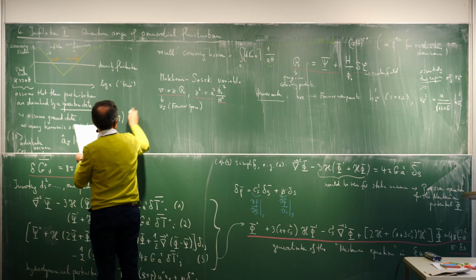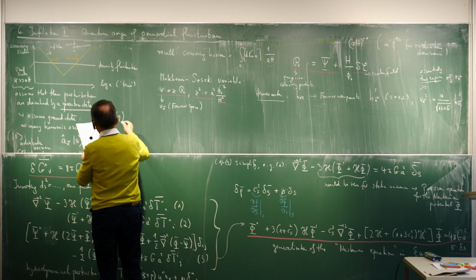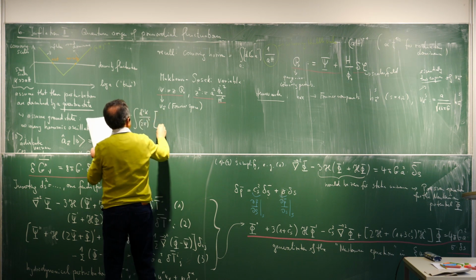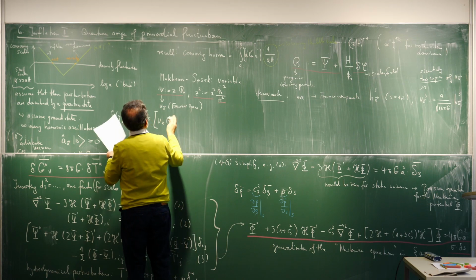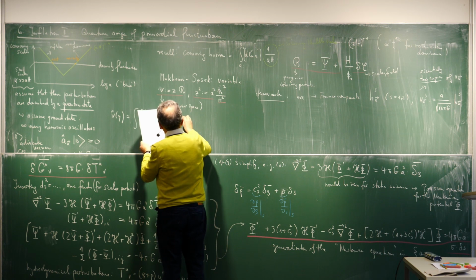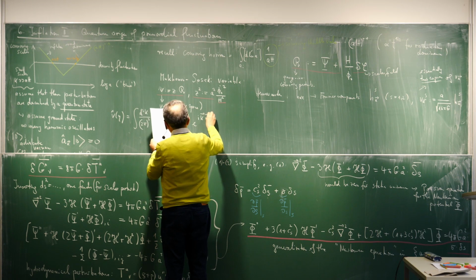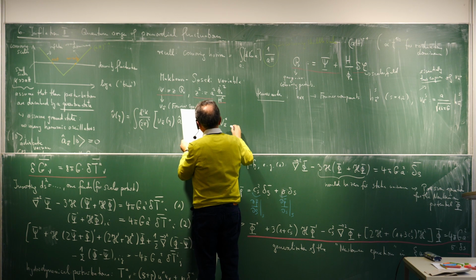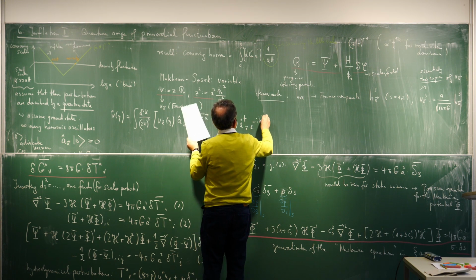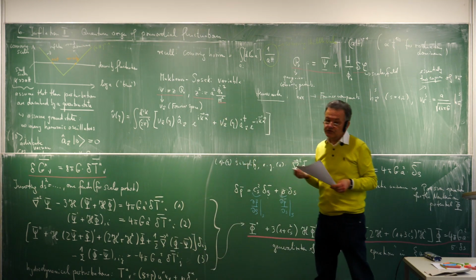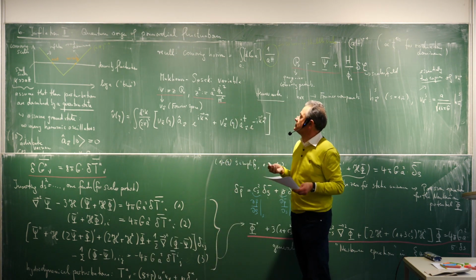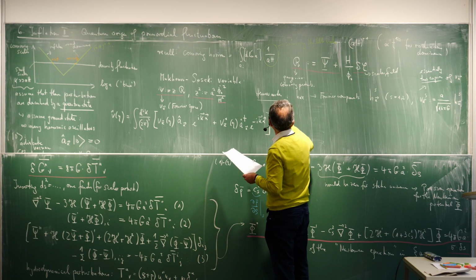So the v of eta, which is the same v, is the integral d^3k over (2 pi)^3 of v_k of eta, and maybe I can add this tensorial index, a_k hat e^{ikx} plus v_k star of eta a dagger_k e^{-ikx}. That is what you would do in the Heisenberg picture, where you have these time-dependent operators that you expand into terms with a creation and annihilation operator. So that's the Heisenberg picture.